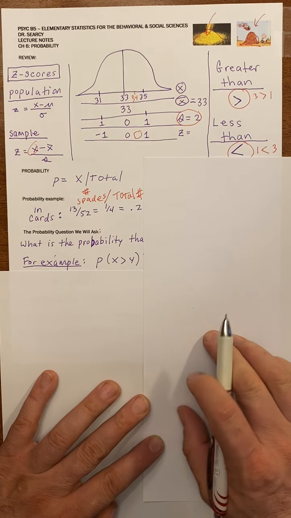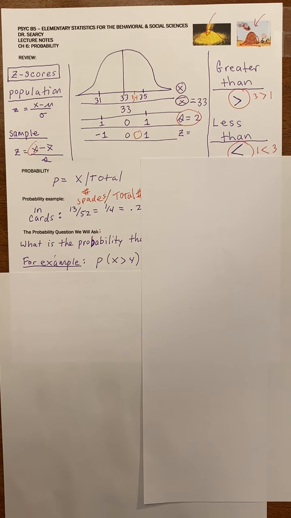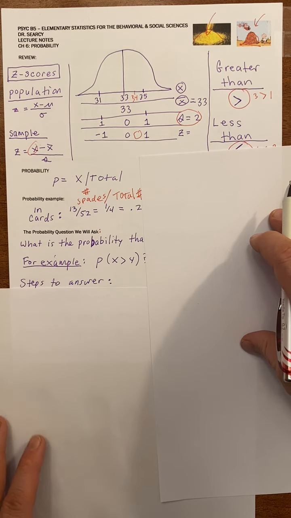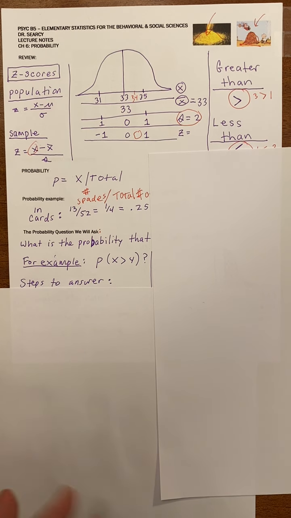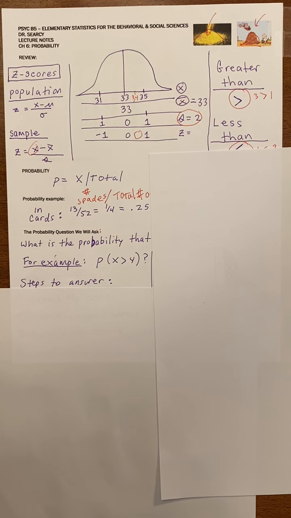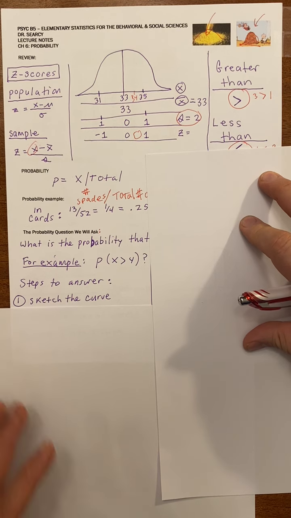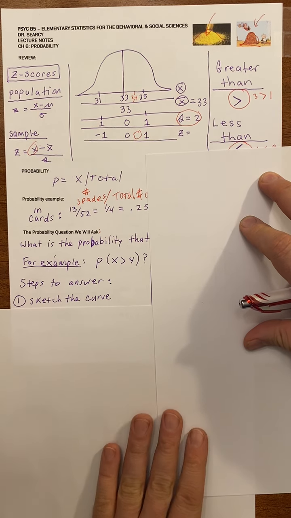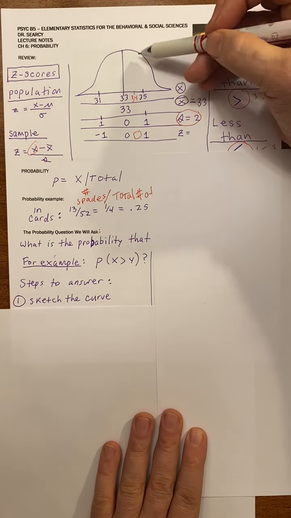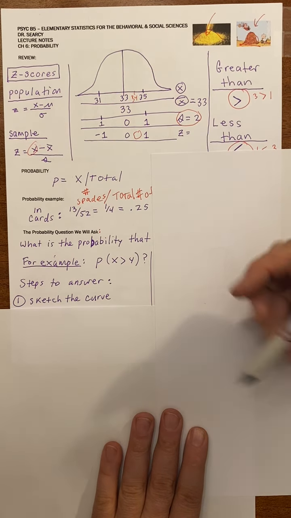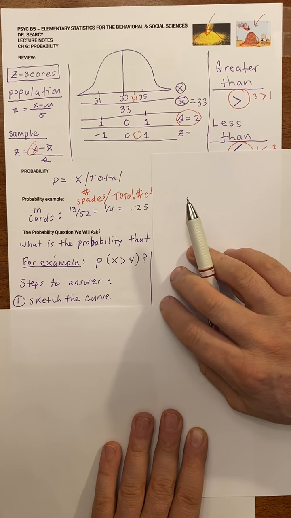The way that we think about answering this question is by following a series of steps, and I'll go over those steps with you now. A first step would be to sketch the curve, to sketch the histogram and the curve that's representing the data that you're talking about.